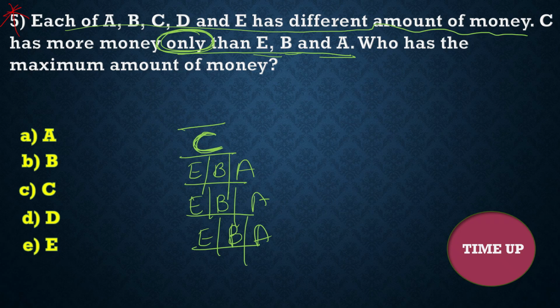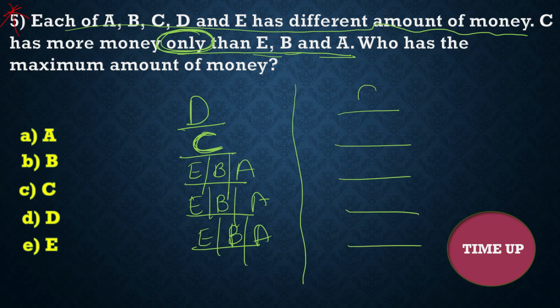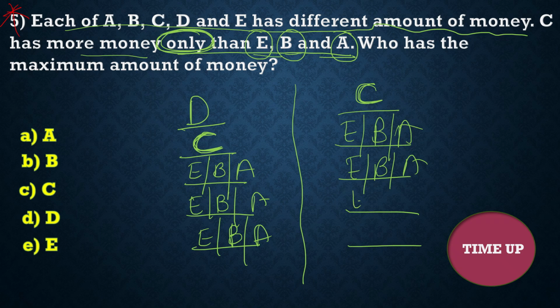Now what is left is D. So D will come here. Understanding? You will think that you can place C here also. Correct? But what they have said is, C should have more money only than E, B and A. So if I place E, B or A here, don't you think one more person will be left, that is D?